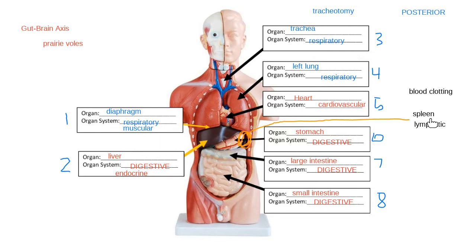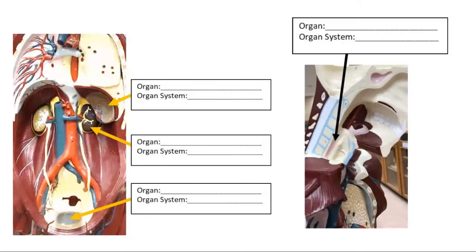So we store a lot of clotting factors here in the spleen so that when you get a cut, we can send some clotting factors up there. So the lymphatic system, this little spleen hiding back here, we can see it better when we look at this model here. Also toward the bottom of page 2, this right here is also showing you the spleen.